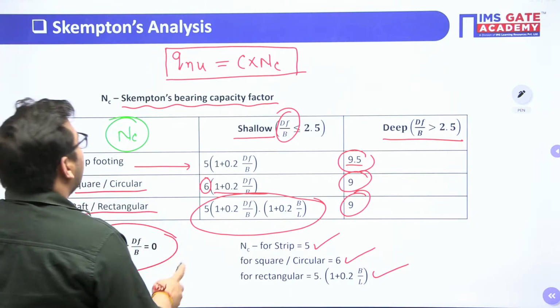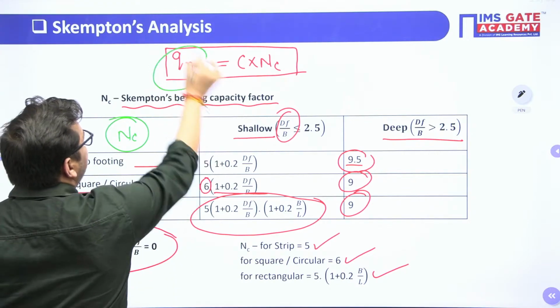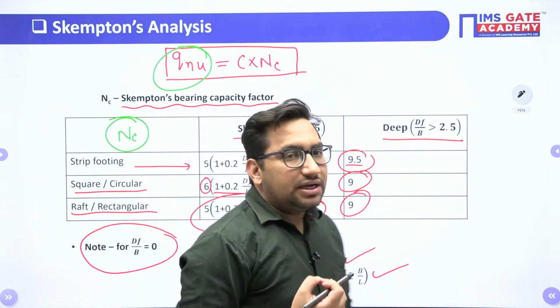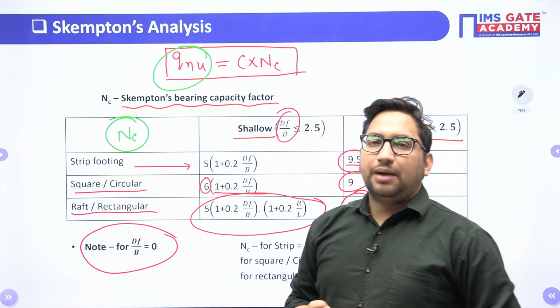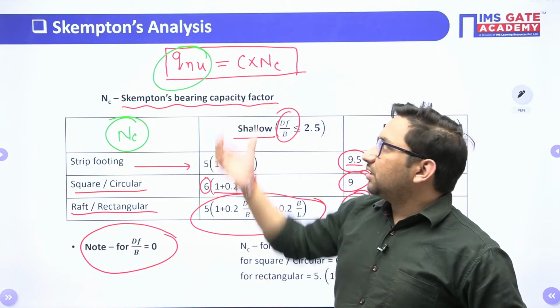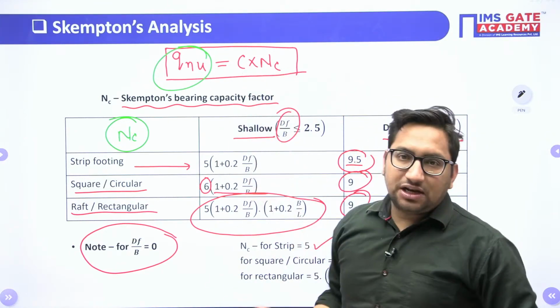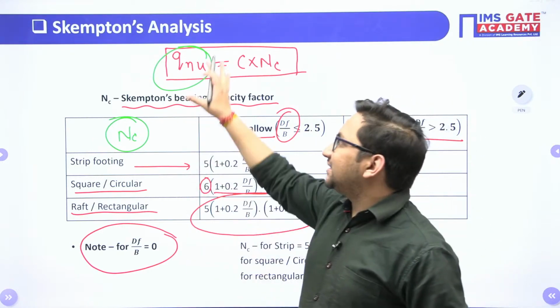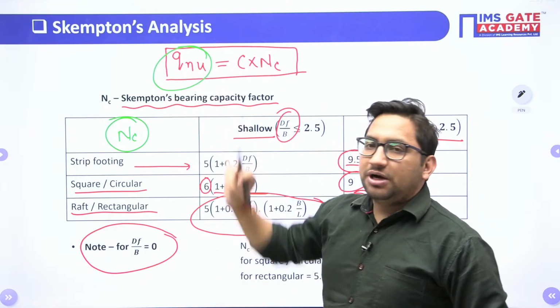Always remember this value is the net ultimate bearing capacity. What students do sometimes, if asked to calculate the net ultimate bearing capacity based on Skempton analysis, is calculate this CNC value and subtract the gamma DF value also. So always remember this is directly the net ultimate bearing capacity.